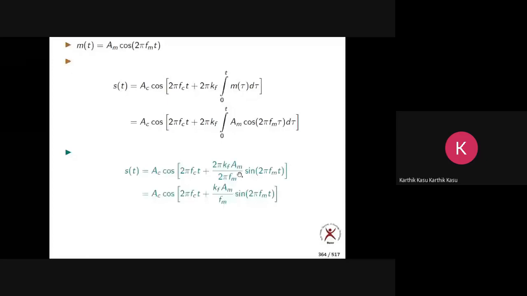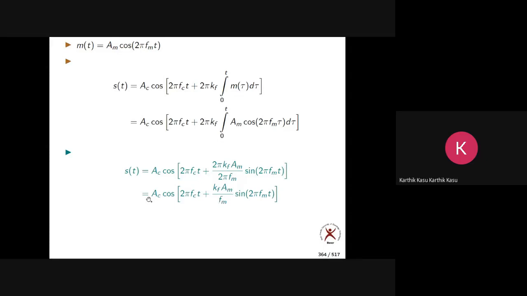Here we have just integrated from 0 to t. Am is a constant, you can keep it outside the integration. What is the integration of cos 2 pi fm tau? Sin 2 pi fm tau by 2 pi fm, isn't it? So sin 2 pi fm tau from 0 to t over 2 pi fm. Okay, so 2 pi kf am by 2 pi fm, and this is what we got: kf am by fm.